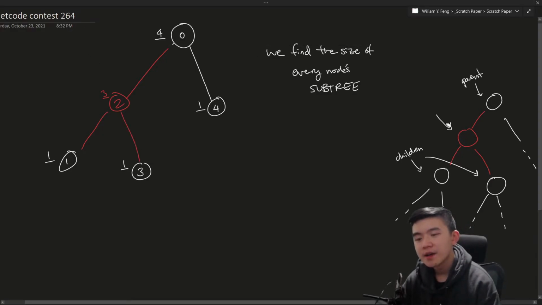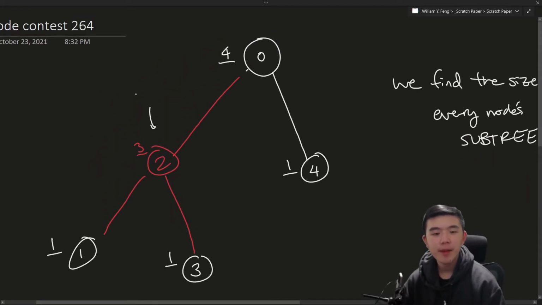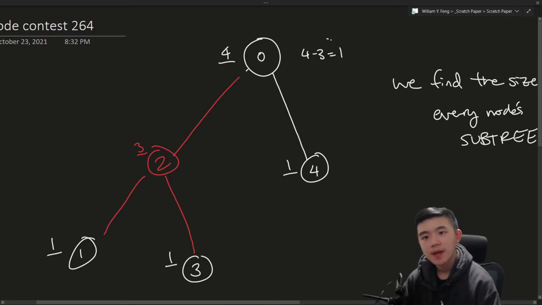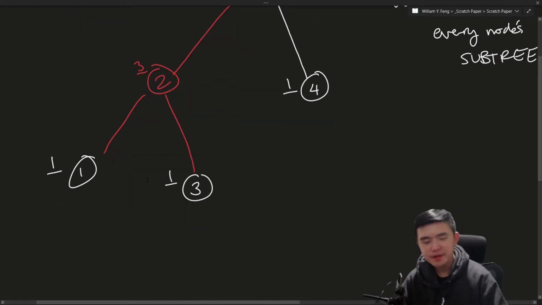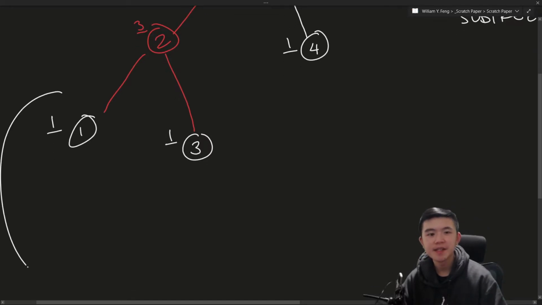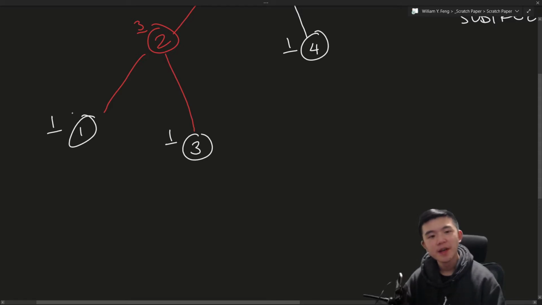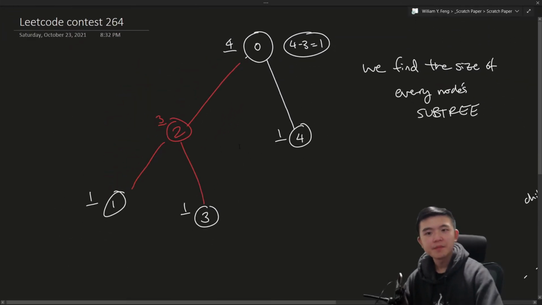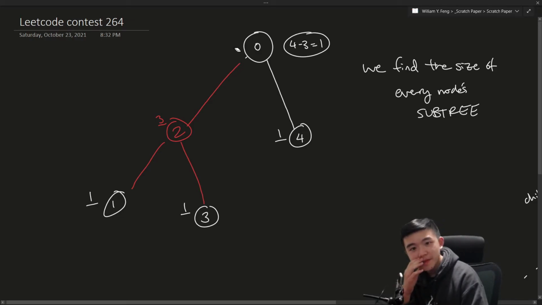For the children, you just find the size of the subtree, because nothing is removed from it. Oh, wait, 4 minus 3? No, this should be 5. What am I doing? We would do 5 minus 3 is 2.